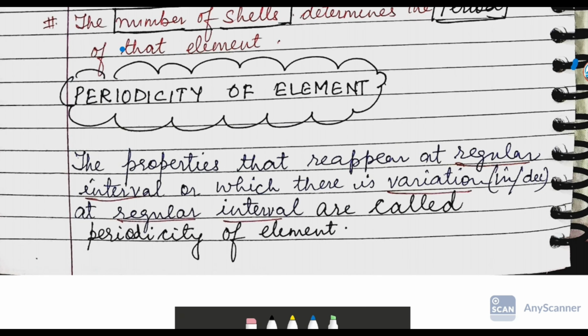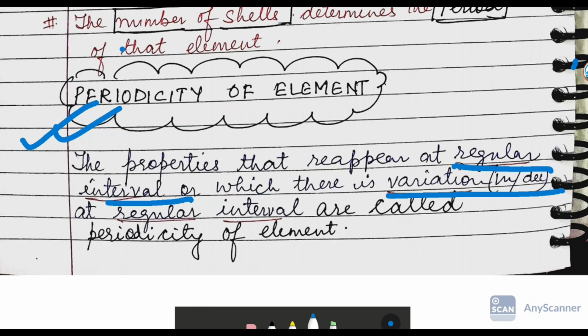Now what is next? The periodicity of the elements. This definition can come: what is periodicity of elements? It is the property that reappears at regular intervals, and the variation, increasing or decreasing, at regular intervals is known as the periodicity of the elements.